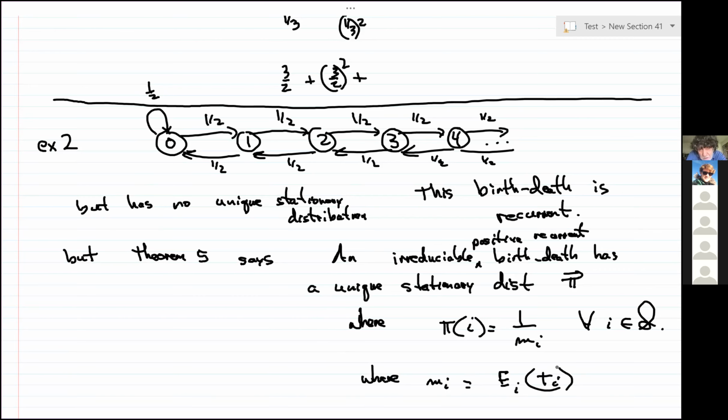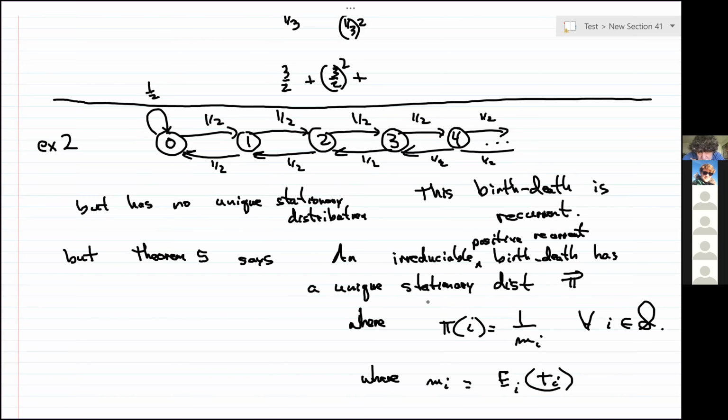So if we apply this theorem to our example 2, we've already concluded by what we did today that there is no unique stationary distribution. But this thing is irreducible. You can get from one state to the other. And this theorem says if you have an irreducible positive recurrent birth-death chain, then it has a unique stationary distribution given by this. So what must be going on here?